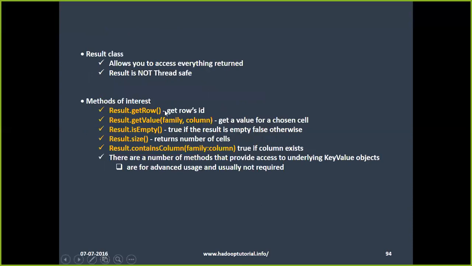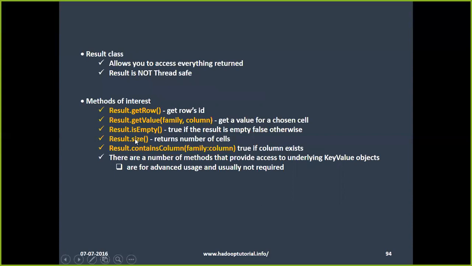Some of the methods of interest are getRow to get the row key and getValue, and these two are the most frequently used. One is to get the row key, and the second one is to get the values of the cells. And isEmpty just checks whether you have received any result or not.